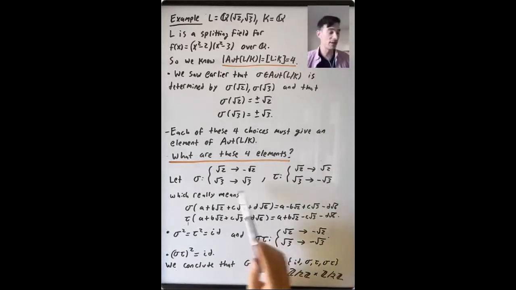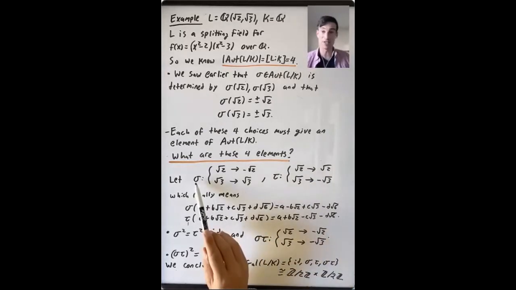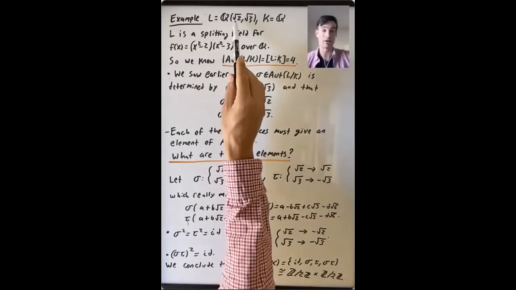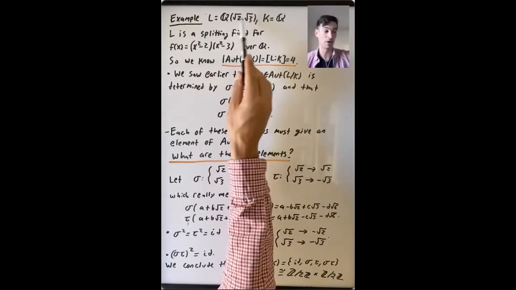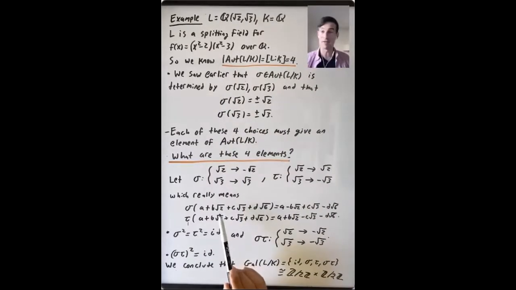Okay, but what does that really mean? What does sigma do to an element of this field generated over Q by square root of 2 and square root of 3? Well, every element of that field looks like a plus b root 2 plus c root 3 plus d root 6, where a, b, c, and d are rational numbers. So what does sigma do to such an element? Well, it fixes a, it fixes b, but it sends square root of 2 to negative square root of 2.